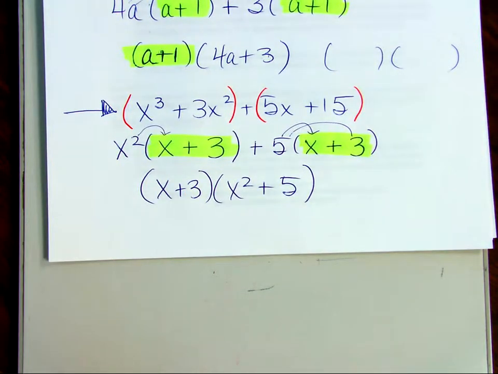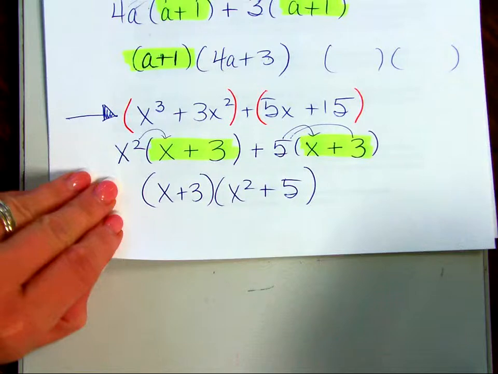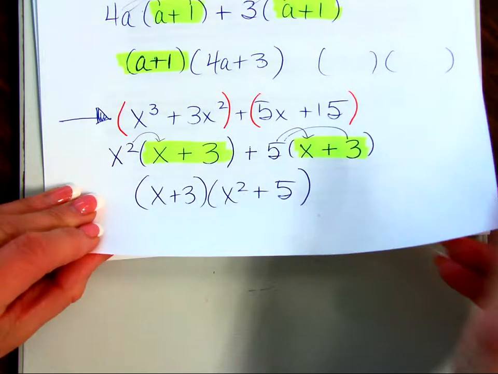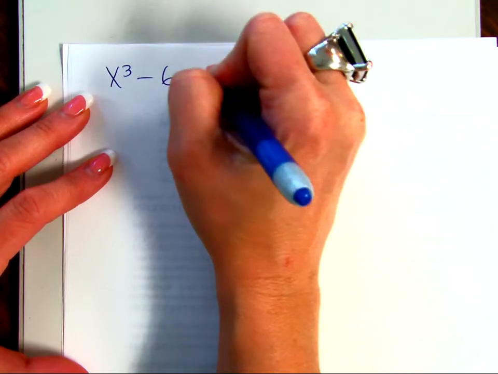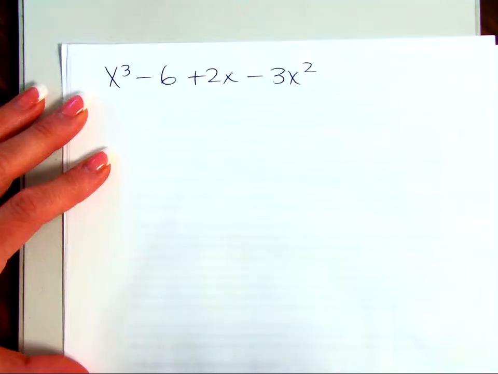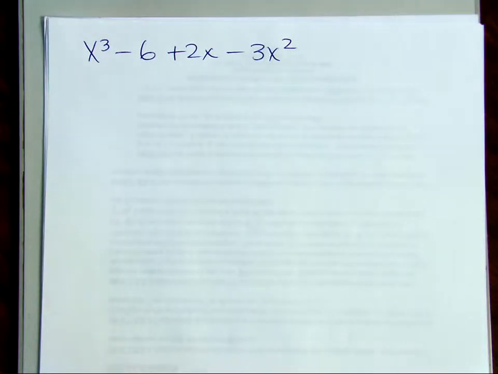And to do that, when you factor with 4 terms, you factor by grouping. So I just grouped these two together. I grouped these two. I pulled out the GCF, which we practiced in 9-4, and then I grouped them together like that. Okay? So let's try this next one.